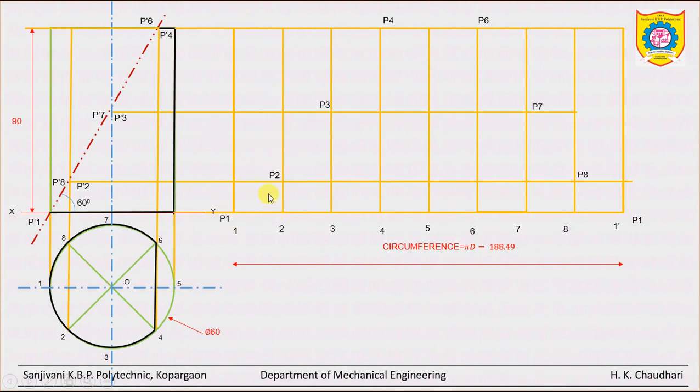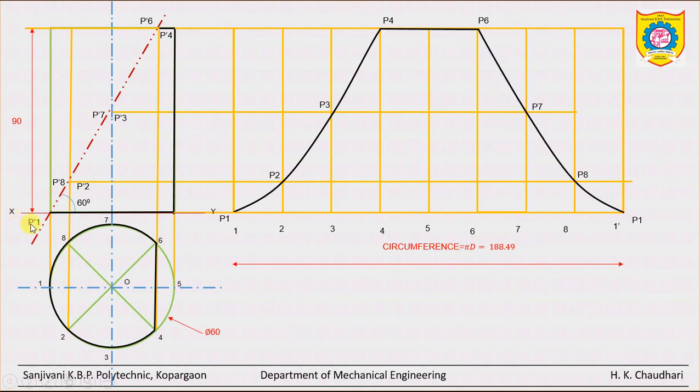Now with the help of French curve we can join all these points to get a curve. Up to here it is a curve, and P4 to P6 it is the straight one, so we can join by a line, and similarly this is the decreasing curve up to P1 in this way.